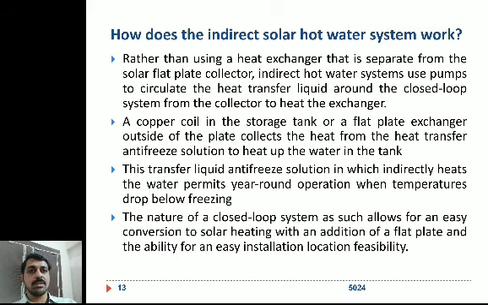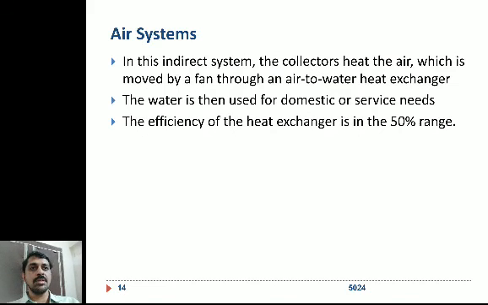This antifreeze solution, which indirectly heats the water, permits year-round operation when temperatures drop below freezing also. The nature of the closed loop system allows for an easy conversion to solar heating with the addition of a flat plate, and the ability for an easy installation, location, feasibility.